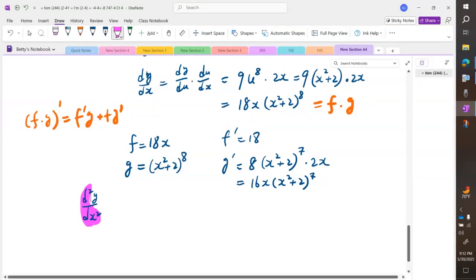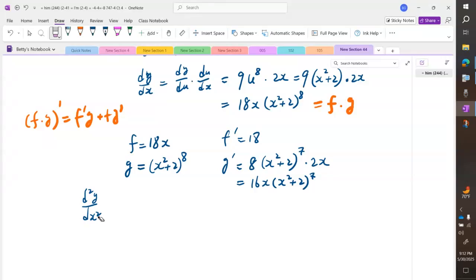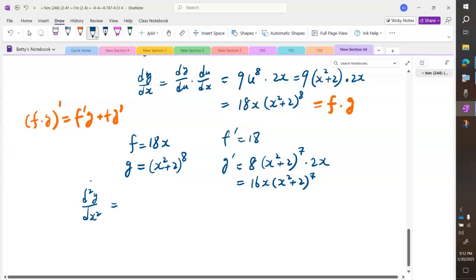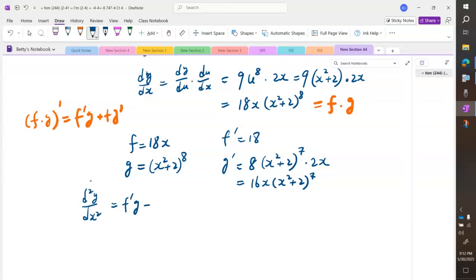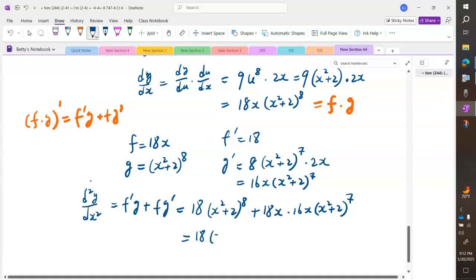This thing is one whole thing. That is one symbol. That's the operator, second derivative operator. d squared y dx squared. That is the second derivative of the function, equals f prime g plus f g prime. F prime is 18 times g, (x squared plus 2) to the power of 8th, plus f g prime. F is 18x, g prime is 16x (x squared plus 2) to the power of 7. 18 (x squared plus 2) to the power of 8.